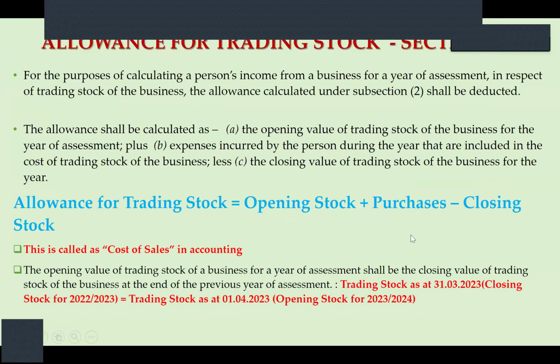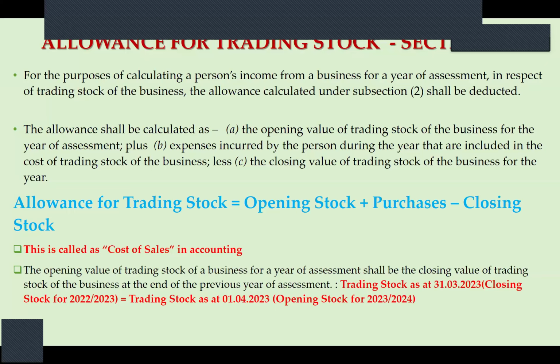If we consider a higher value, then what will happen to the allowance for trading stock? Normally, a higher closing value means a lower allowance for trading stock, and so a lower profit.